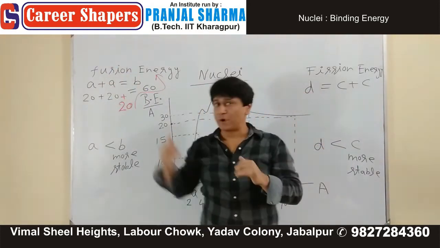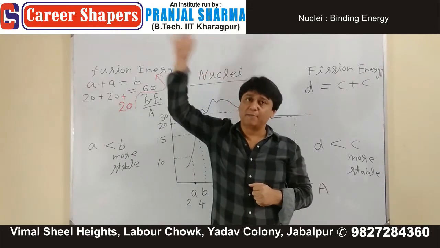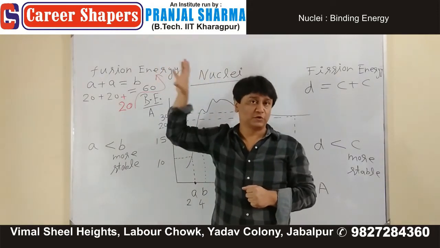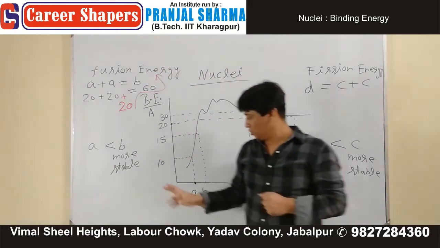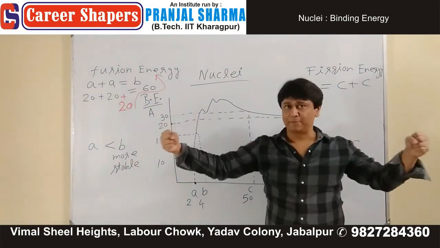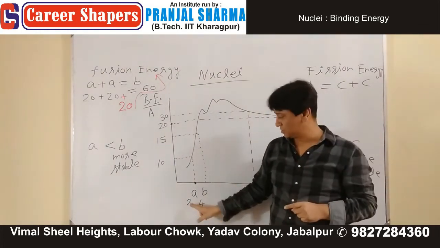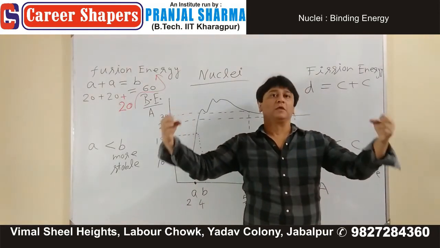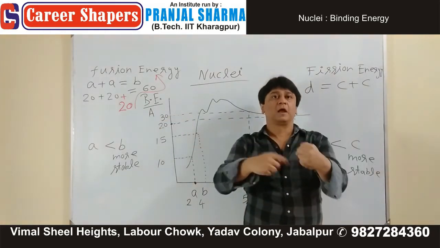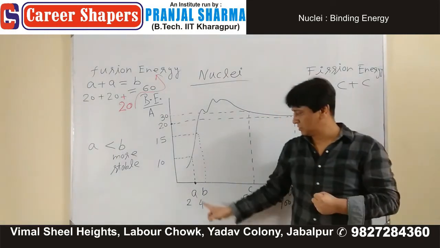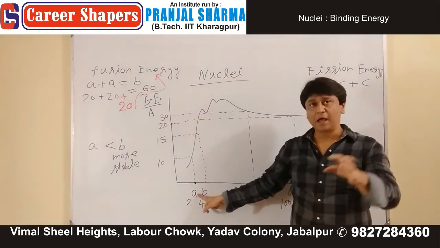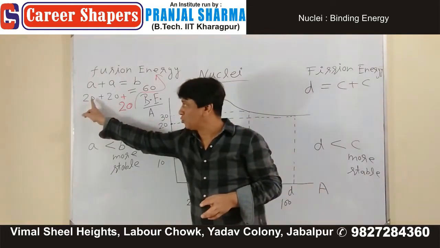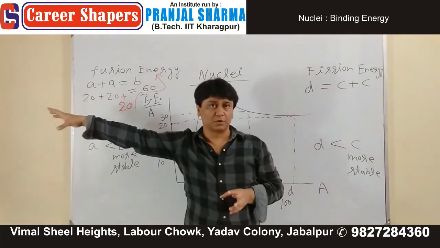Now understand this 20. At the time of Big Bang, when universe was forming, you had 2 well separated nucleons. They come and form a nucleus, which is A, and in the process 20 joules comes out.